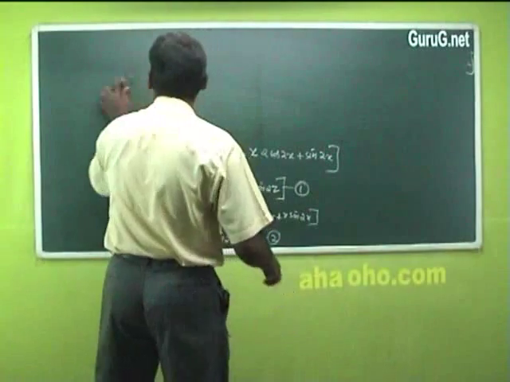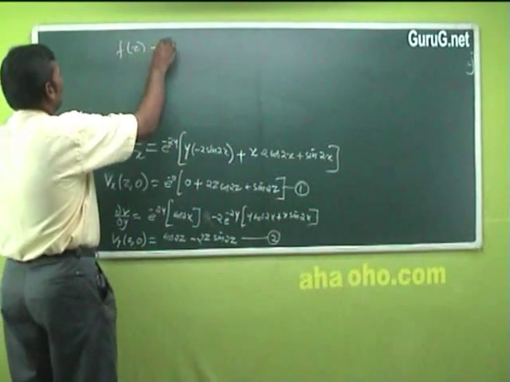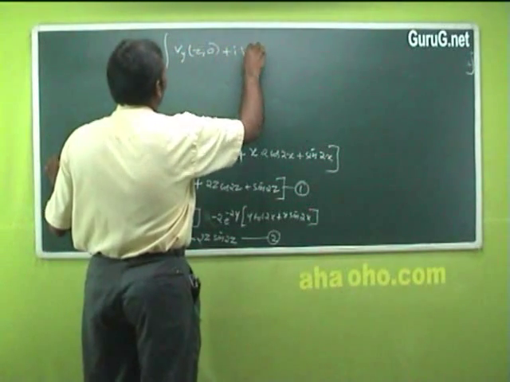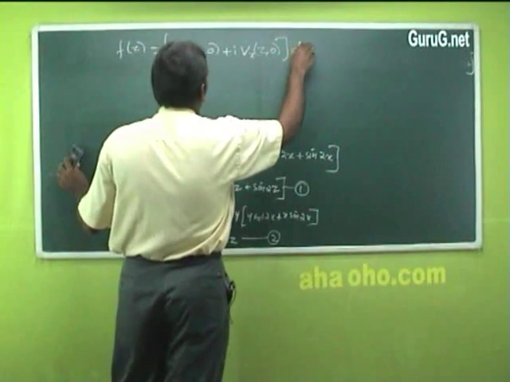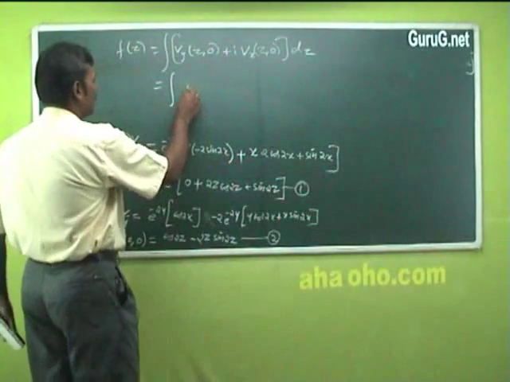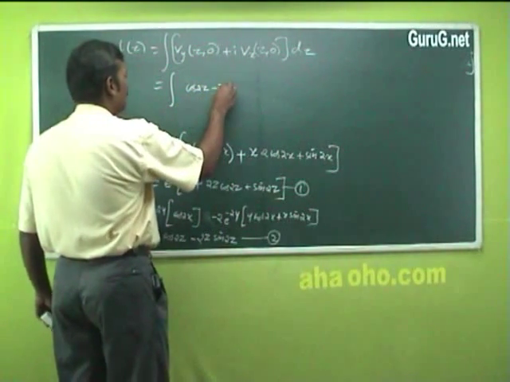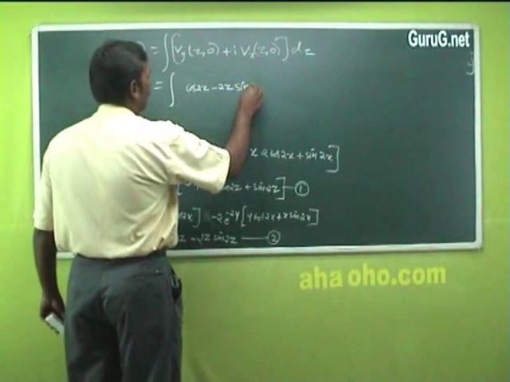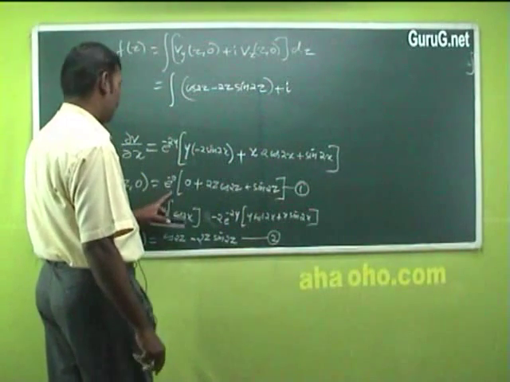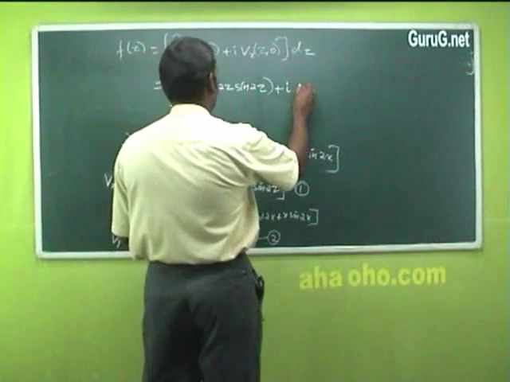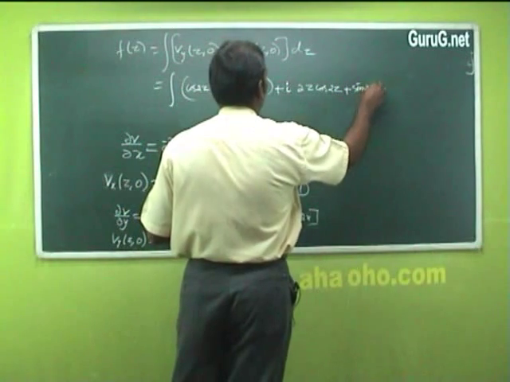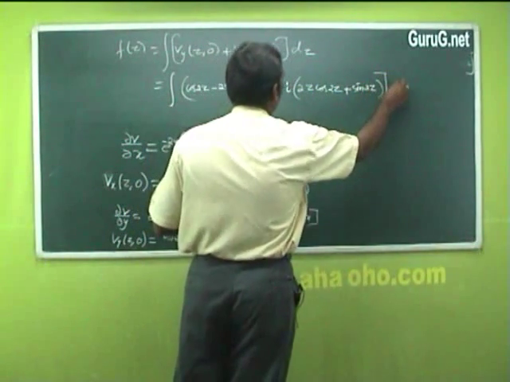What will be the formula? F of z equal integral of vy of z comma 0 plus i into vx of z comma 0, into dz. What is vy? Cos 2z minus 2z sin 2z, plus i into vx of z comma 0, which is 2z cos 2z plus sin 2z, into dz.